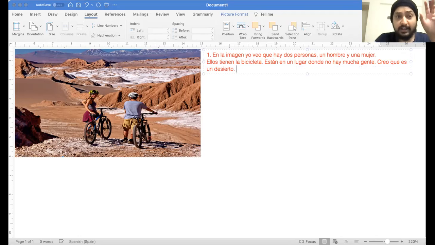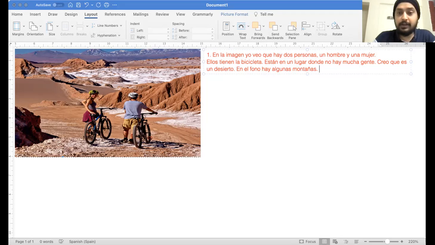Now try to see what is the climate. Is it hot? Is it cold? En el fondo, in the background, hay algunas montañas. There are some mountains, right?